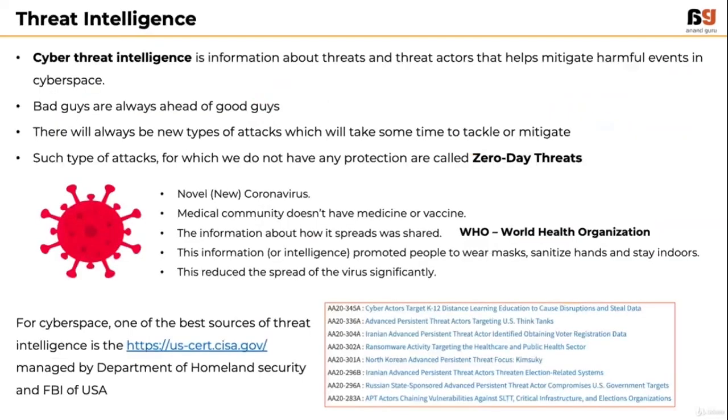So the threat intelligence guys, cyber threat intelligence, is information about threats and threat actors that helps mitigate harmful events in cyberspace. There are people whose main job is to get information about cybersecurity and disseminate it to businesses, systems, corporations and organizations, so that they will be able to know this kind of stuff is out.